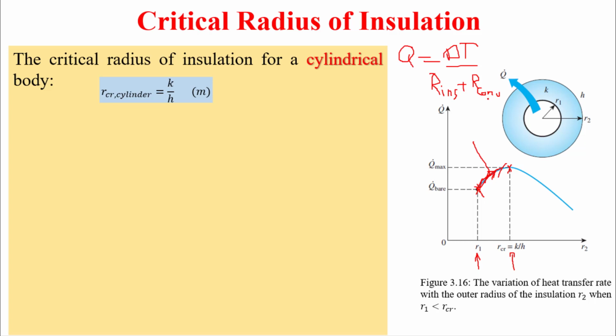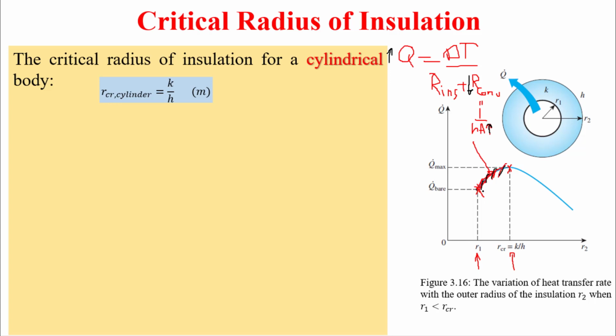Now we said that R convection equals 1 over h multiplied by A. So if we keep increasing R, then R convection decreases, and then Q will increase. And this is what happens here in this scenario.